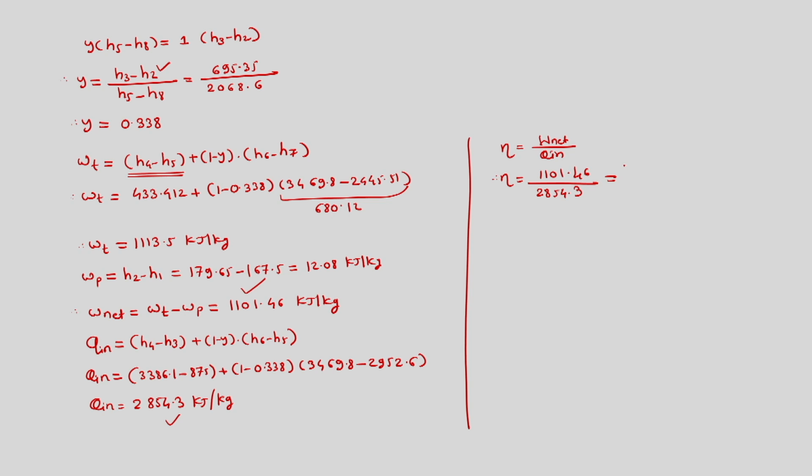This gives us an efficiency of 39%. The work ratio RW is equal to W net upon WT. So we have W net as 1101.46 and turbine work as 1113.5, and this gives us 0.989 as the work ratio.